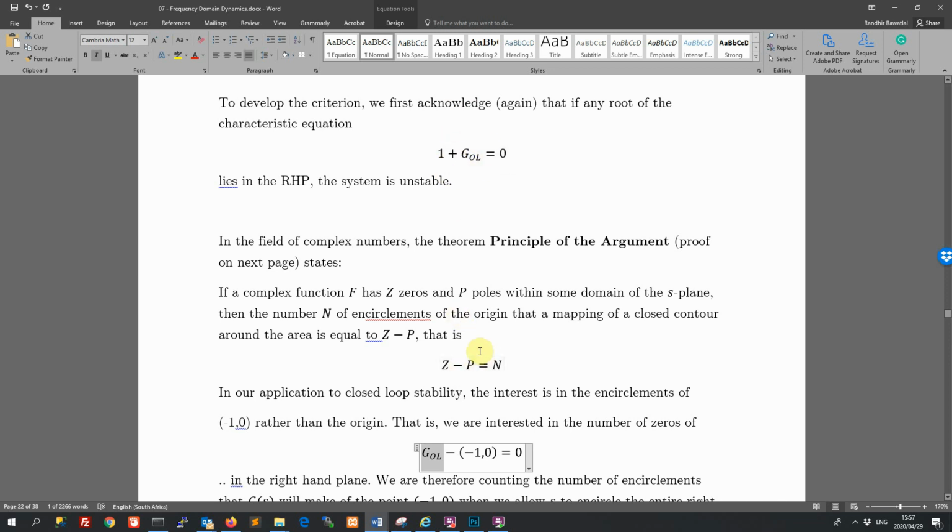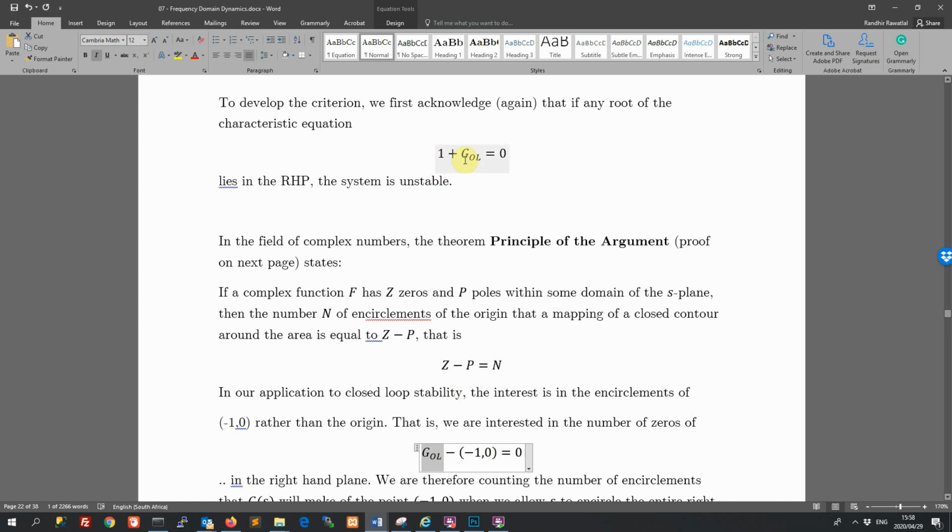So if there are 0 poles, then the number of encirclements is going to equal the number of zeros. So for our closed loop function, the number of times that we encircle minus 1, 0 is going to equal the number of zeros of this equation.